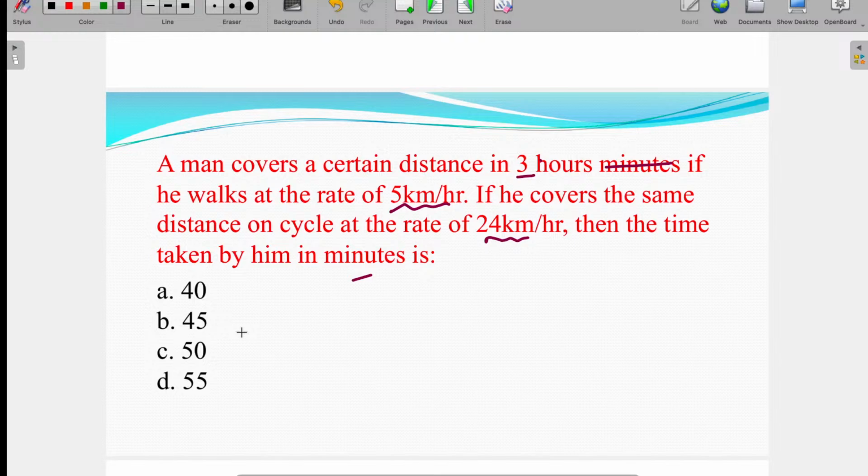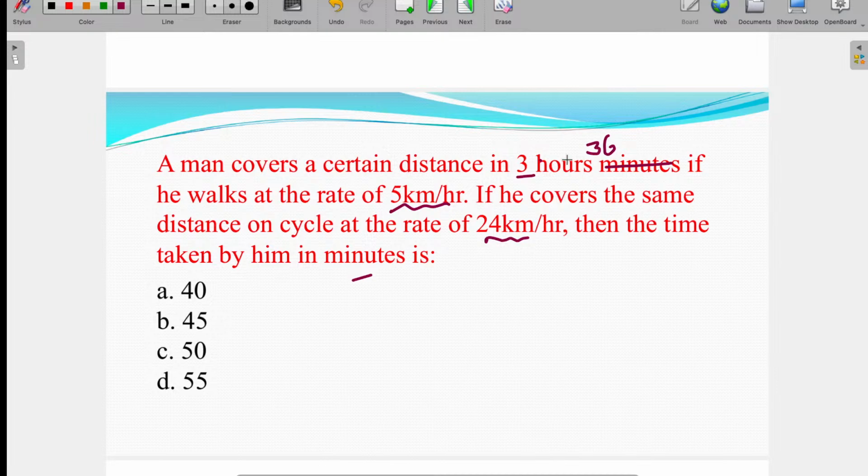Yeah, the question is 3 hours 36 minutes. 3 hours 36 minutes.